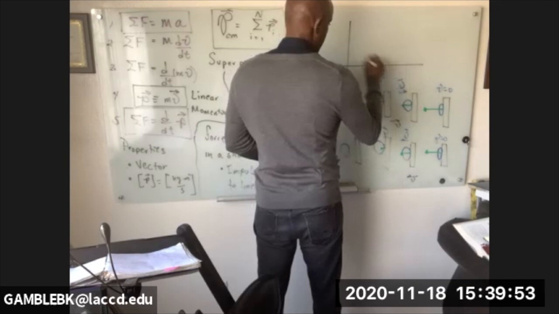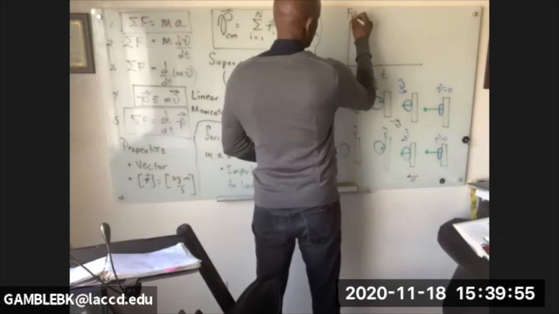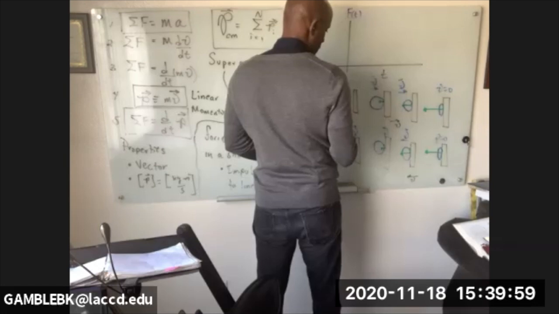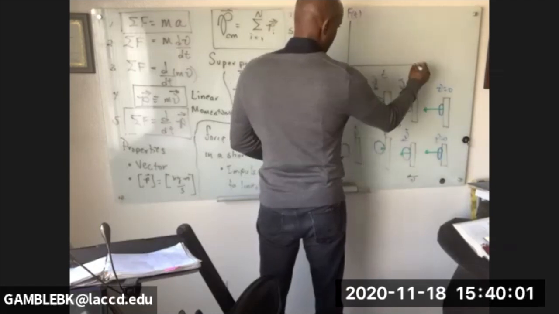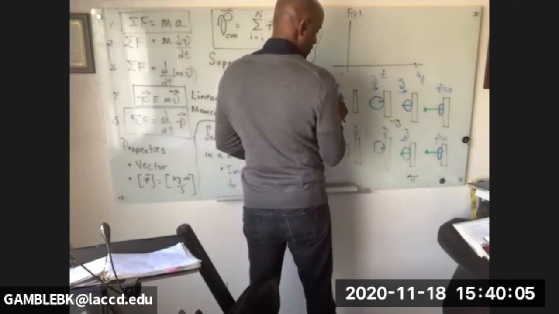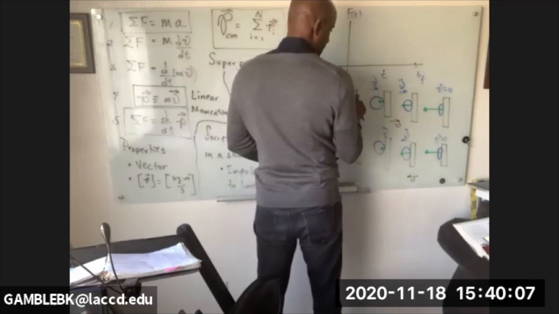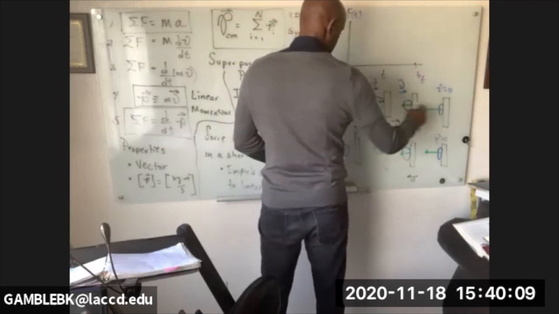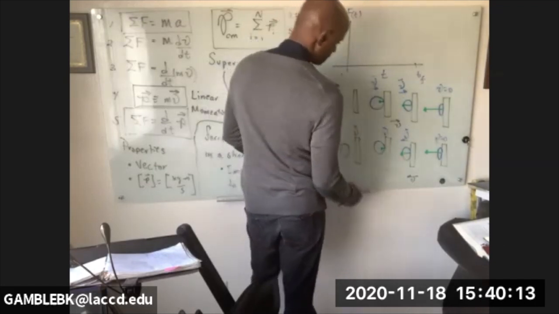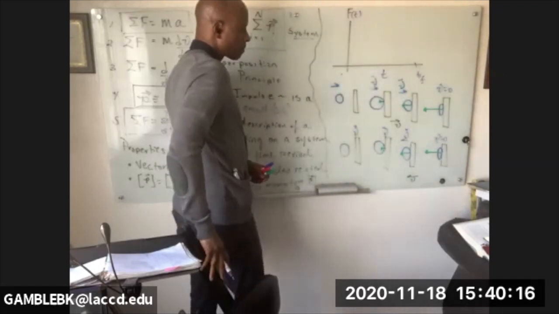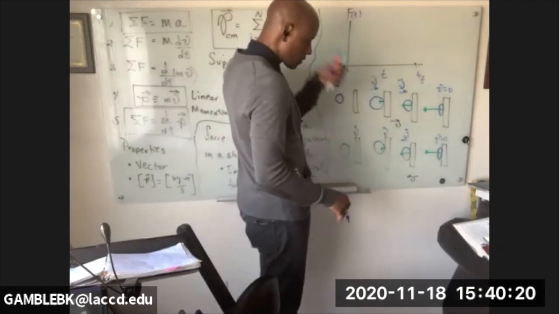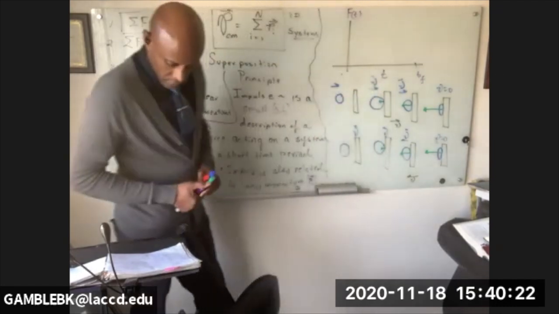So this is T, and this is F of T. T initial is when the ball is just about to make contact with the wall, and T final is right when it leaves the wall. If I sketched out that curve, what do you think the curve would look like?